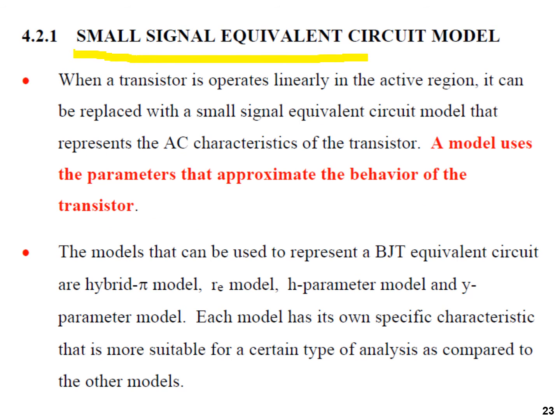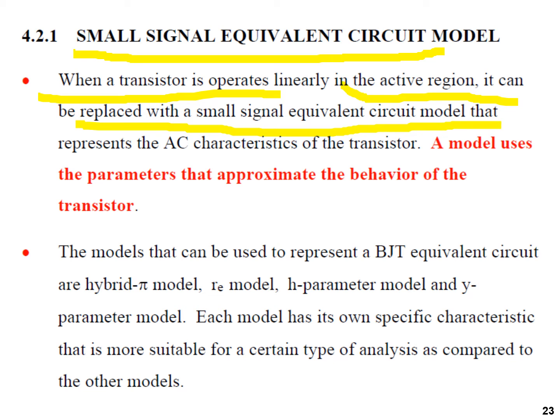Small signal equivalent circuit model. When a transistor operates linearly in the active region, it can be replaced with a small signal equivalent circuit model that represents the AC characteristic of the transistor. A model uses parameters that approximate the behavior of the transistor.